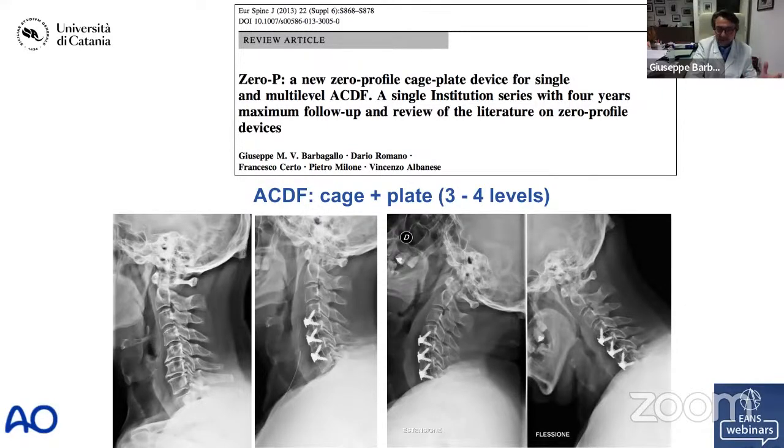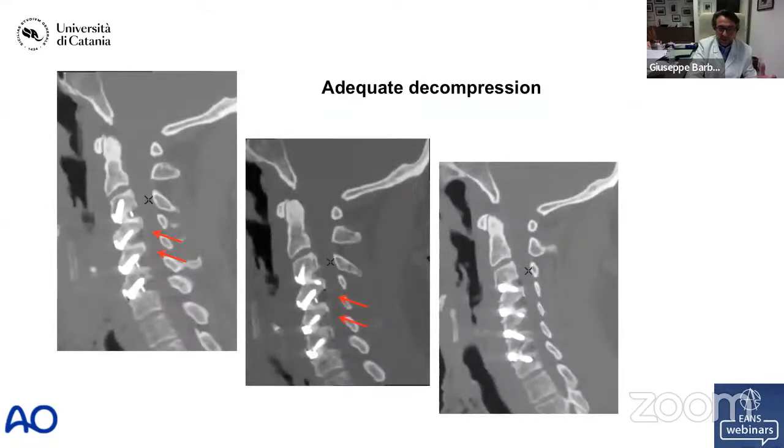Like many other colleagues, we think that we can actually achieve a satisfactory neural decompression. If you look at the red arrows here, you can see that you can decompress the spinal cord quite adequately, even going up and down in the posterior part of the vertebral body, and this can be quite helpful.